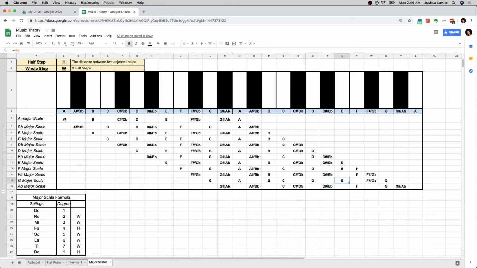But the point of this exercise was simply to demonstrate that the major scale is a formula, and the distances between any scale degree in the A major scale is the same as the distances between any scale degree in the B flat major scale or the C major scale, because all I did was copy and paste the exact same formula to start on whatever note that major scale started on.